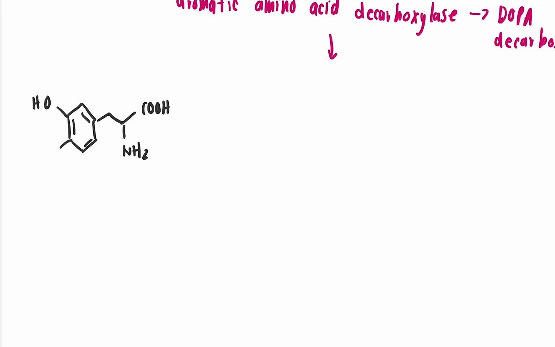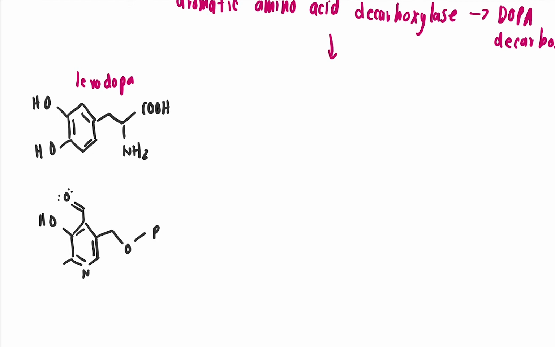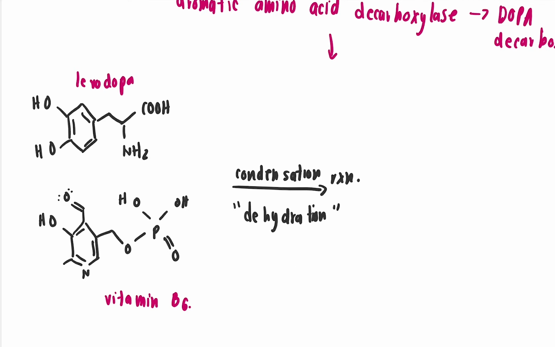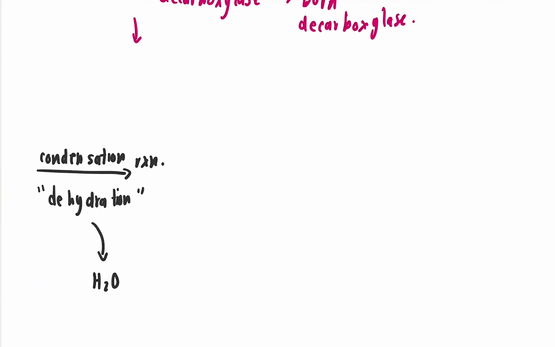So like I said, L-DOPA and vitamin B6 have to come together essentially, and this happens through a reaction called condensation, where a water molecule gets released, and also there's a formation of a bond between the nitrogen and a carbon.